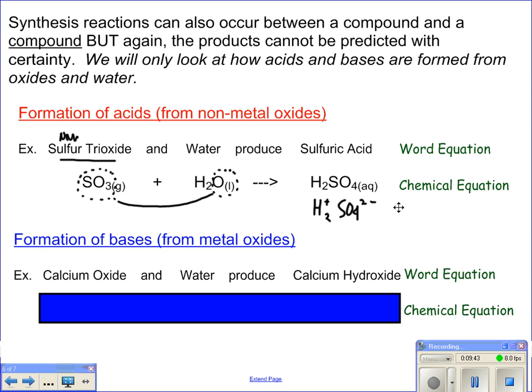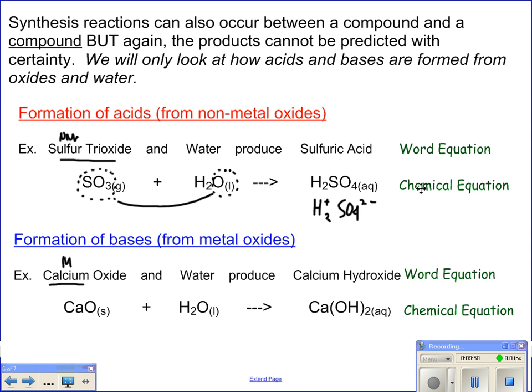For bases, we're going to create them from metal oxides. So calcium oxide is an example of that because calcium is a metal. So if we put calcium oxide and water together, they make calcium hydroxide because in the beginning, I suggested that bases contain OH in them as their anion, and that's what defines them as a base.